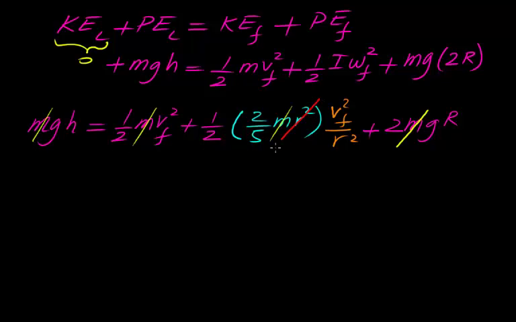Notice also that the r squared here is going to cancel out with the r squared here. These two cancel out with the half. Therefore, the equation is reduced to the following.